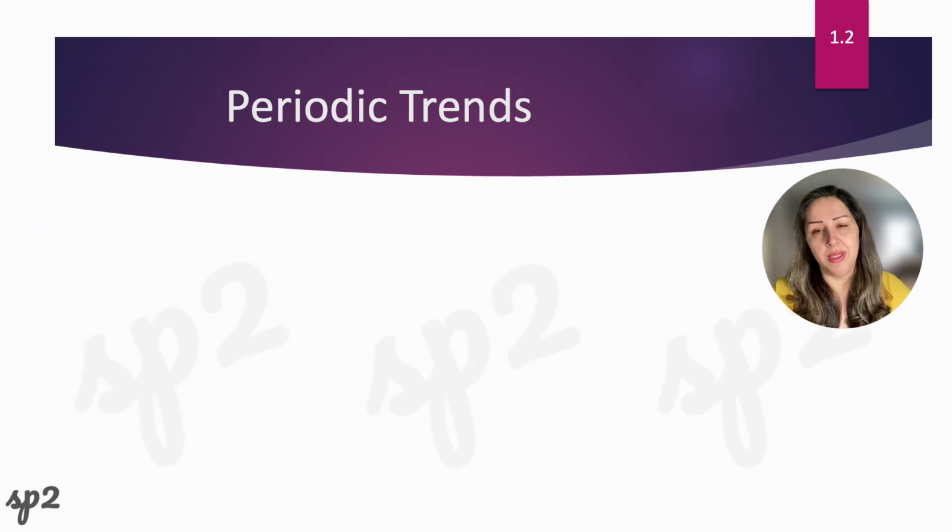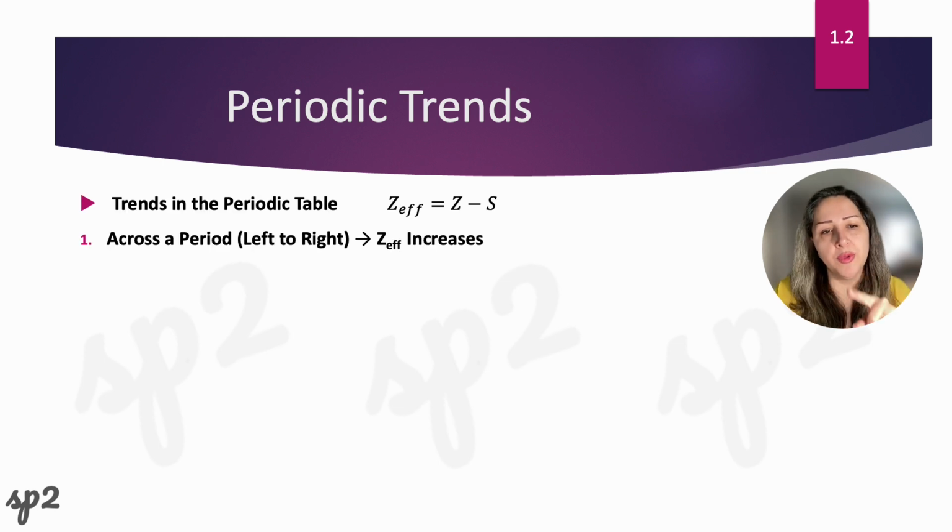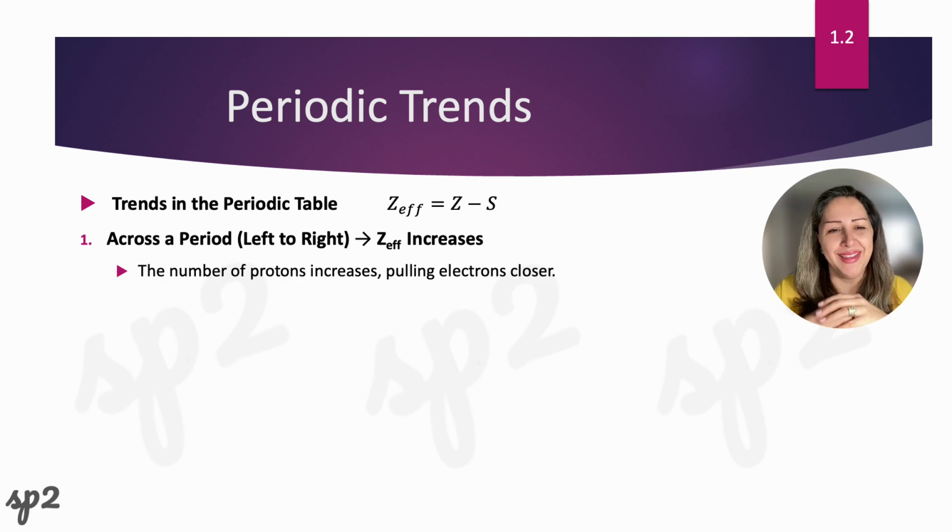Okay, now we're going to be looking at the periodic trends for our Z effective. When you are moving from the left to the right side of the table, the Z effective is going to increase. And let me tell you why. Think about your Z value, which represents the number of protons. We are going from left to right, so we're adding more and more protons, and therefore the pull on the electrons is going to be stronger.